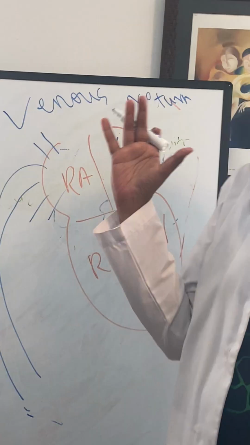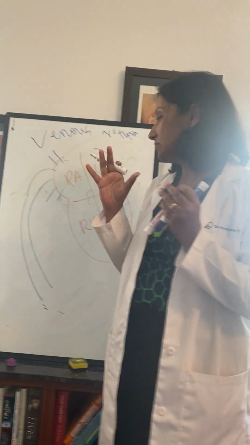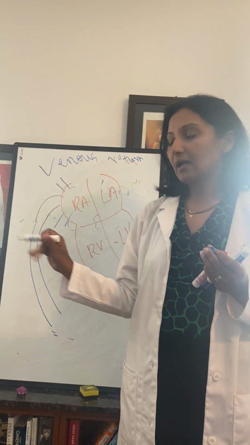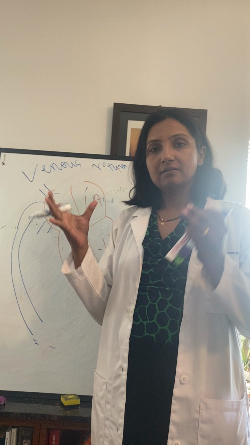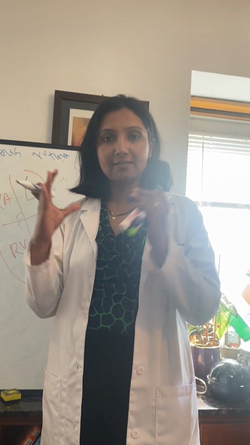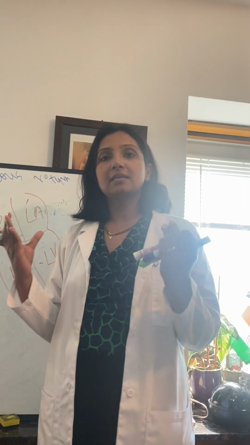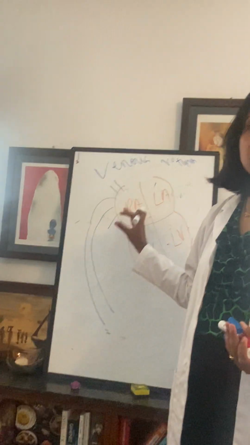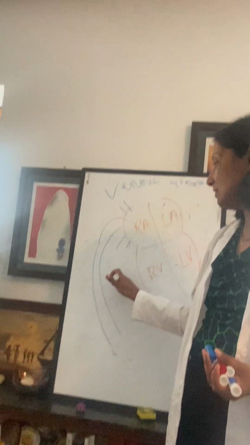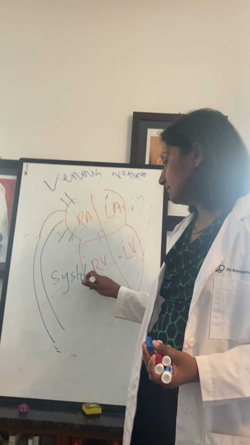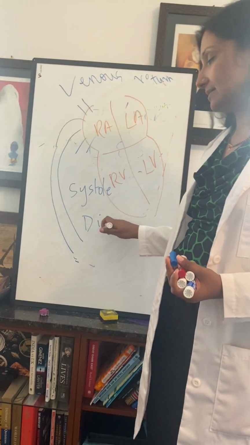Before talking about venous return in detail, I would like to mention, you all know that the heart has cardiac muscle, and the heart contracts and relaxes. But in cardiology, instead of calling it contraction or relaxation, we use the word systole for contraction and diastole for relaxation.